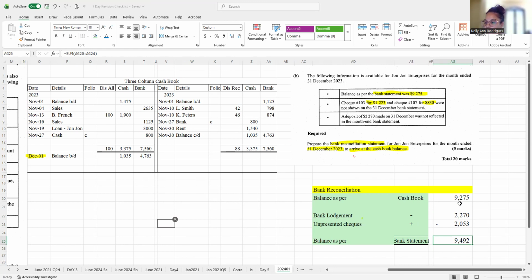Your bank reconciliation, if you're starting with your bank balance, if it's increasing it, you debit, add. If it's decreasing it, you minus. So if you remember that, it's the opposite for your cash book. And that's it for this question. This was June 2024, question 1, 20 marks. So I hope that you all would not struggle with bank reconciliation after this.